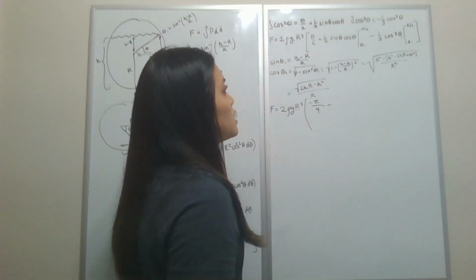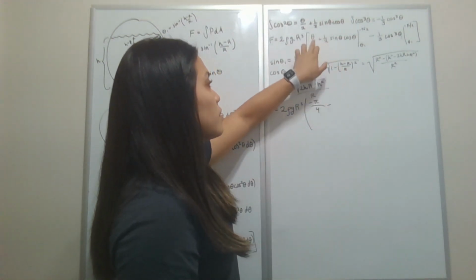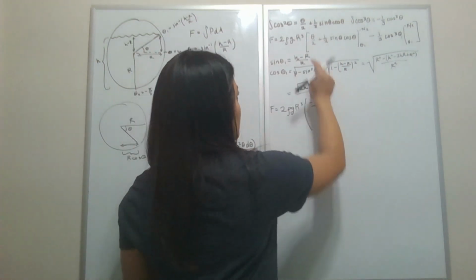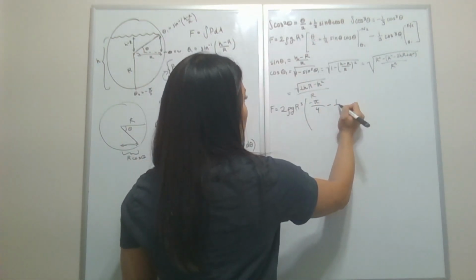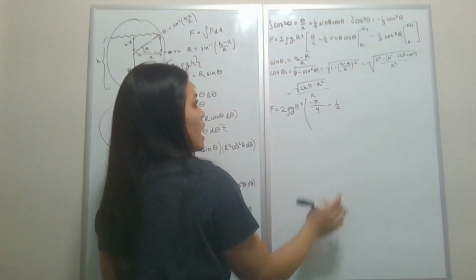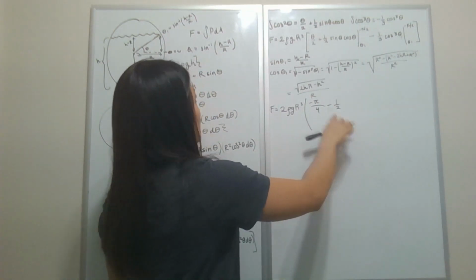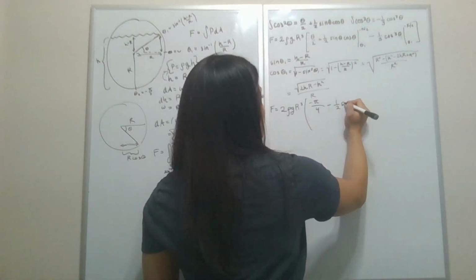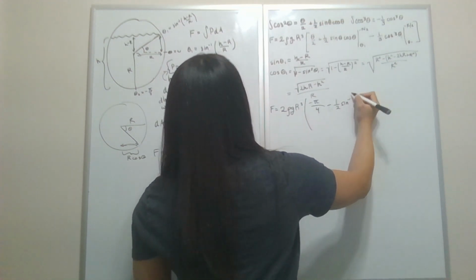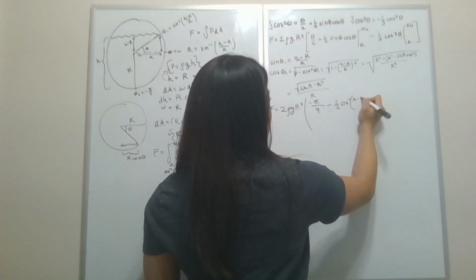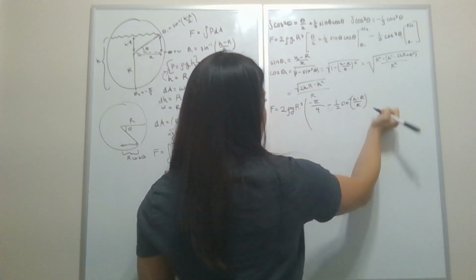We're going to subtract what we get if we plug in theta 1. So if we plug in theta 1 for theta up here, we have that denominator 2 and 1/2 is 1/2, and then we plug in theta 1, which is arc sine of the fluid height minus the radius divided by the radius.